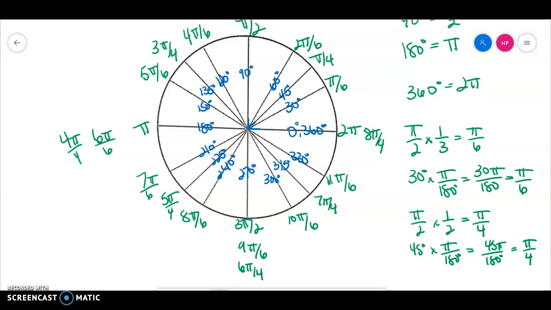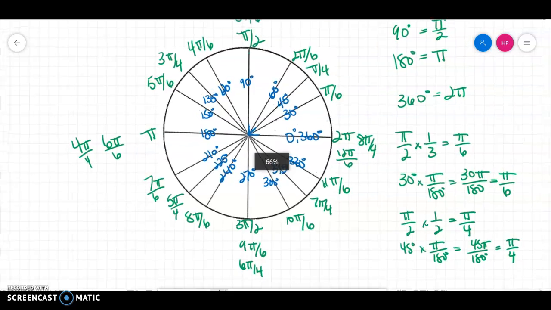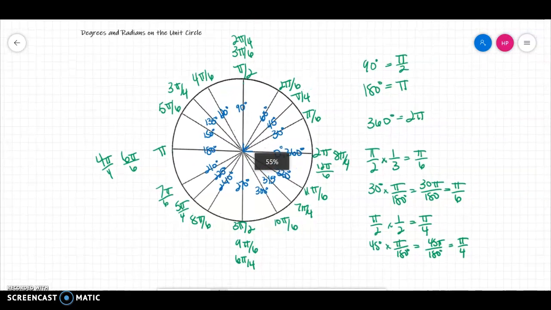And I should have also finished off there with 12 pi over 6. So again, then I just need to simplify all of these values.